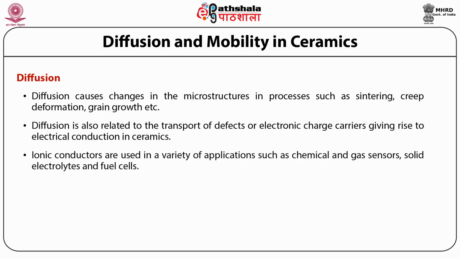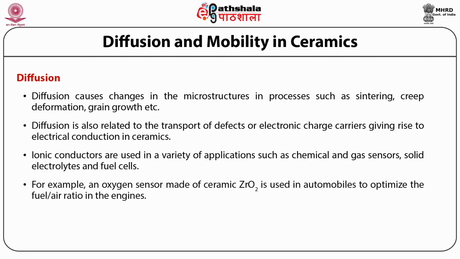The ionic conductors are used in a variety of applications such as chemical and gas sensors, solid electrolytes and fuel cells. For example, an oxygen sensor made of ceramic zirconium oxide, that is ZrO2, is used in automobiles to optimize the fuel to air ratio in the engines.